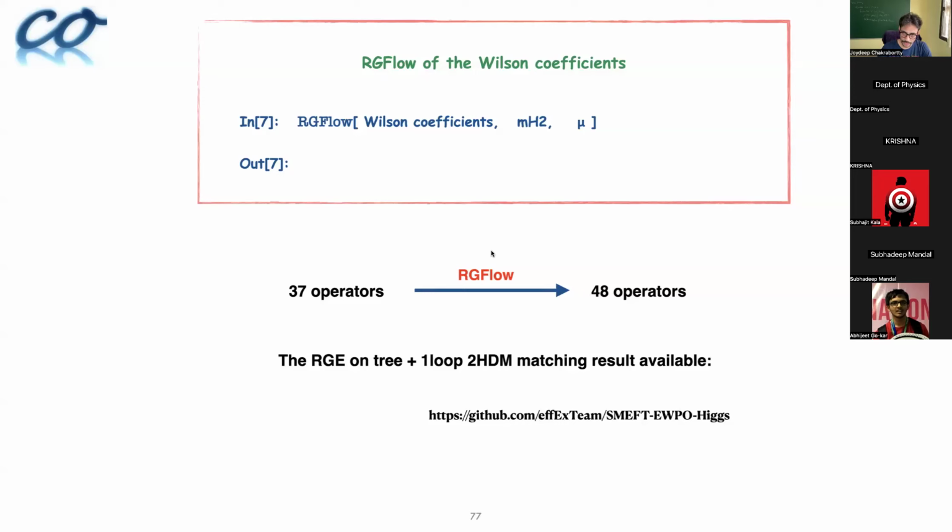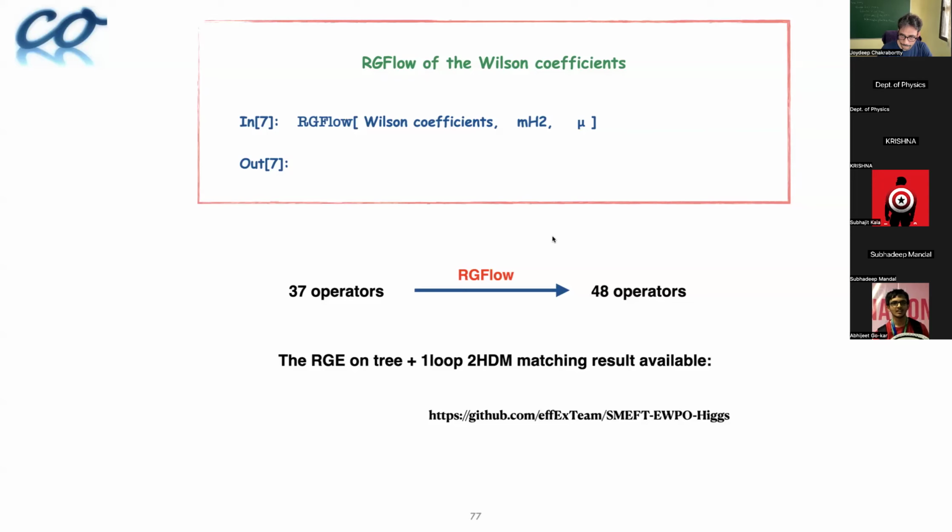Just one thing: since the number of operators is different, 37 versus let's say 48, some of the operators are not present at the scale MH2. Most of them. I'm just trying to understand.